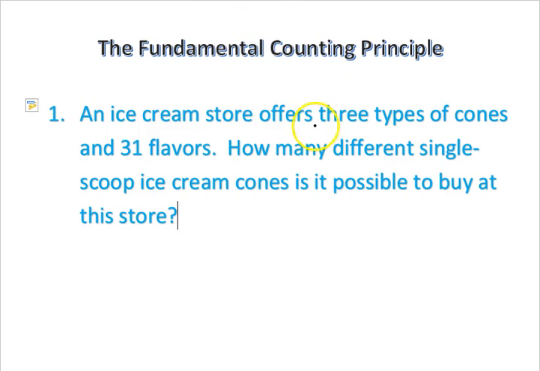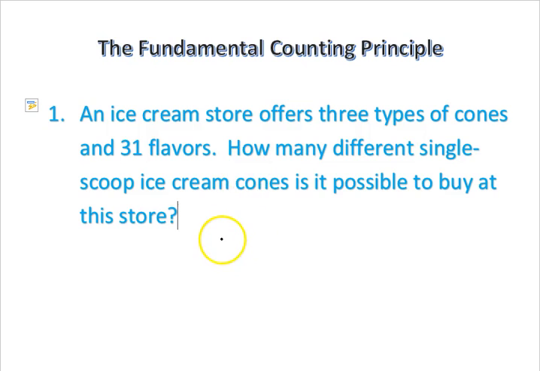So, if you think about it, if you wanted to write them all out, you might have a cake cone of chocolate, a cake cone of vanilla, a cake cone of strawberry, a cake cone of each of the 31 flavors. But writing it out is a really long process because I was going with one type of cone in my cake cone example, but there are 2 other types of cones, and so you would be writing a lot of those.